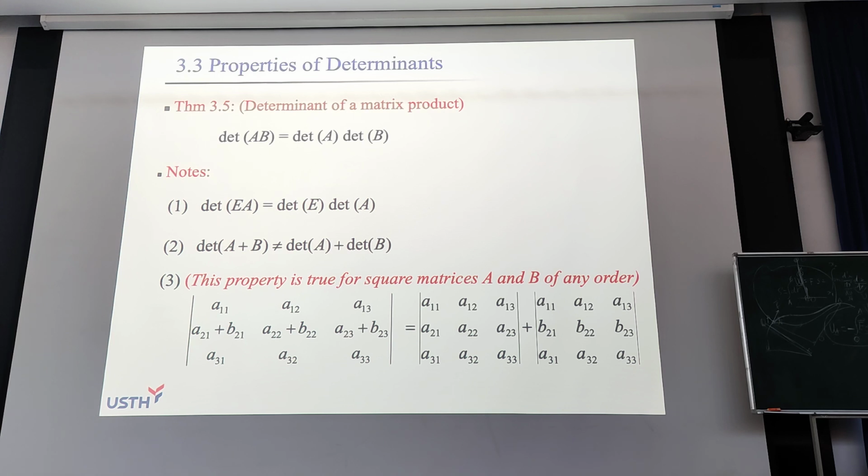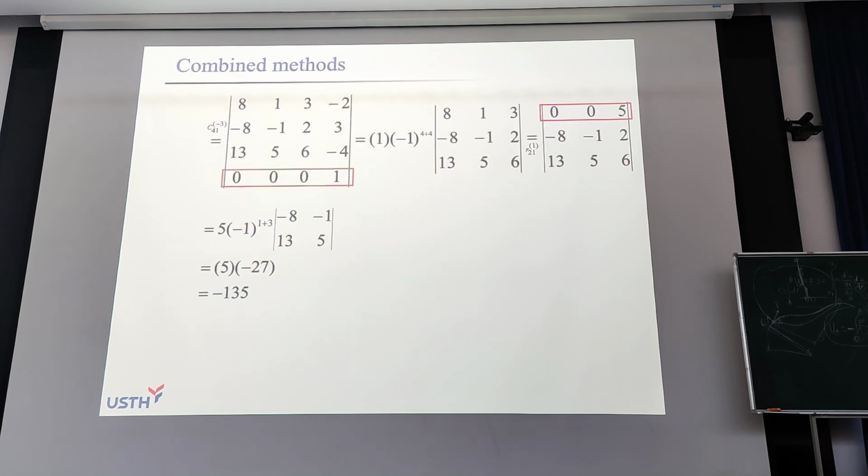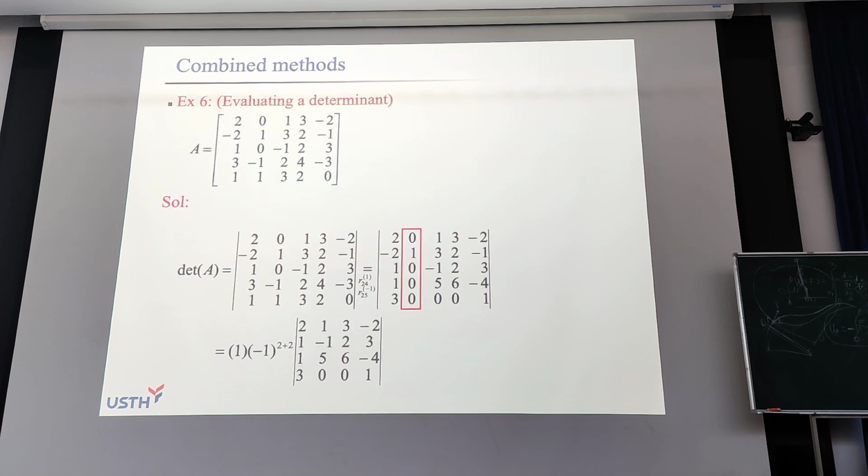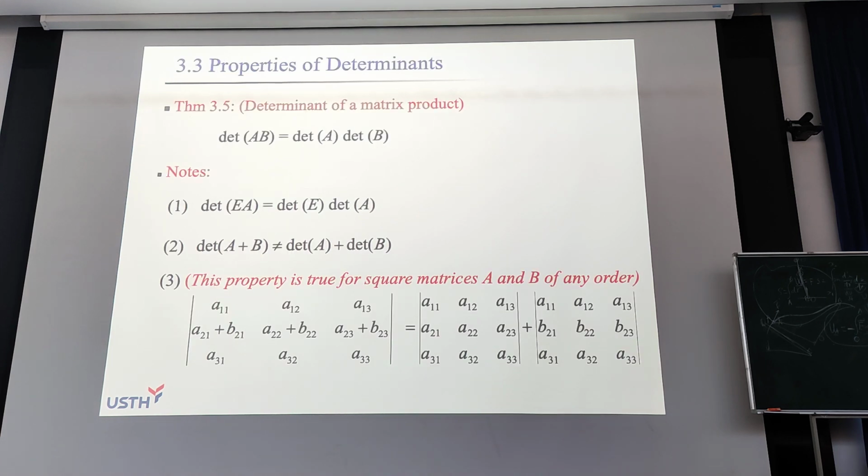The first one is a very important thing, that is, the determinant of a product equals the product of the two determinants, and that has been illustrated by using elementary matrix E. The second one claims that even though the determinant of a product equals the product of two determinants, that is not true for the sum, for the addition of two matrices.